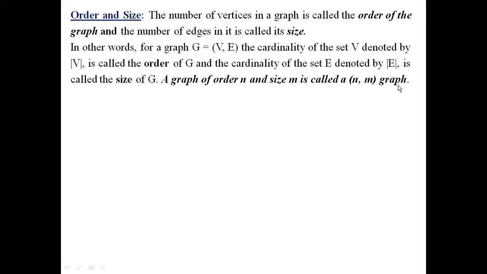So usually we represent the total number of vertices in the graph by the word order, which is nothing but the cardinality of V. Similarly, the total number of edges in the graph is usually represented by the word size, denoted by the cardinality of E. So the number of vertices is n and the number of edges is m. So in general, a graph of order n and size m is called an (n, m) graph.